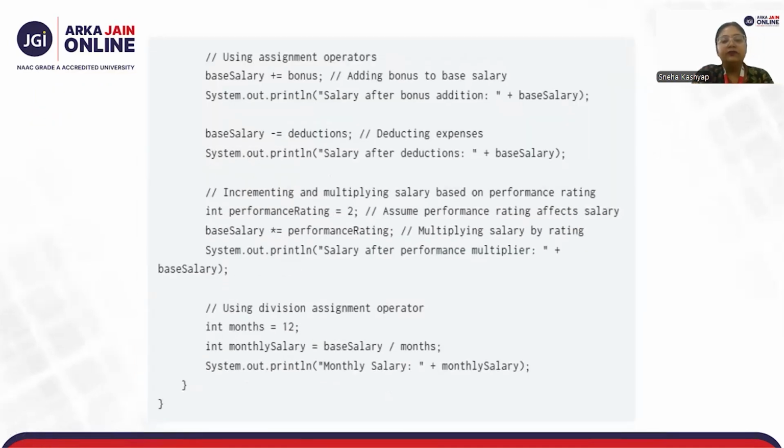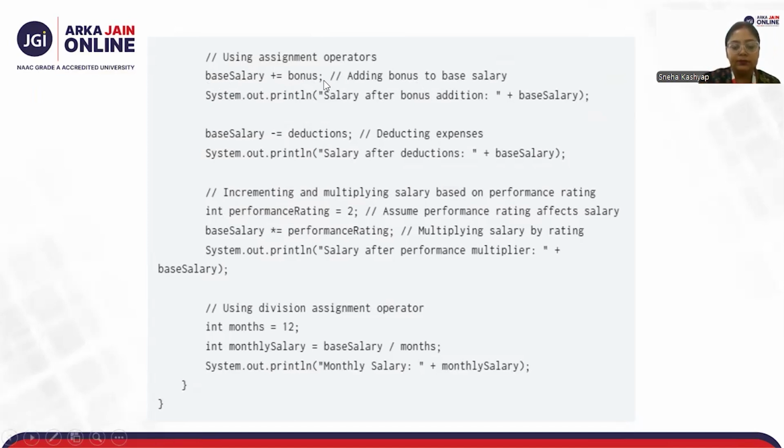Now, how can we calculate the salary using assignment operator? If we add the bonus to the basic salary, we get the base salary updated using the bonus. So instead of writing base salary is equal to base salary plus bonus, I can directly use base salary plus equals bonus.